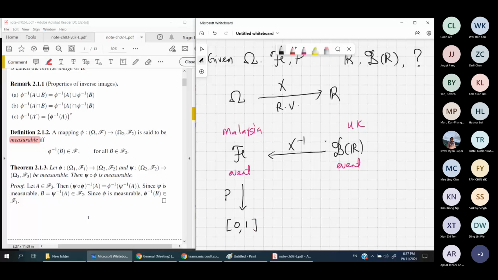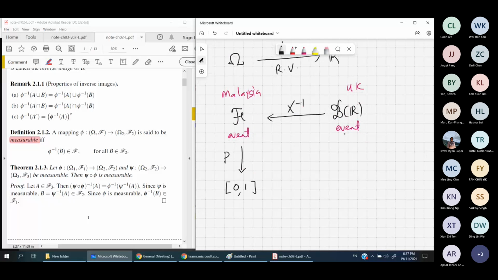Now we can see we're using this process. We come to here, go down here, and then we actually have a relation to link all the events to another event, to one probability over here. So it's a P of the event, right? Then using these two processes combined, we can define a new one.